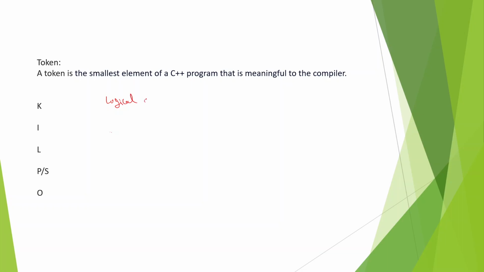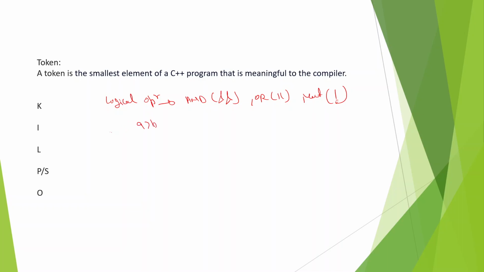The logical operators are AND, OR and NOT. In these, you check the condition.